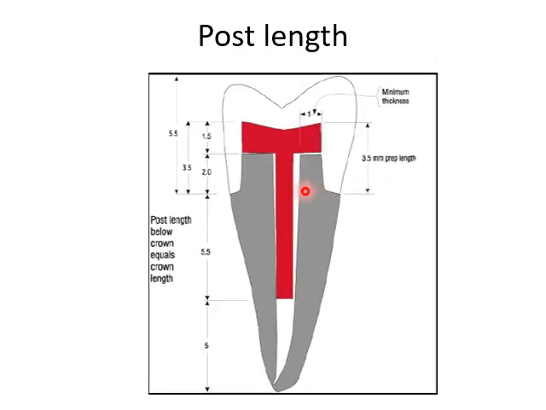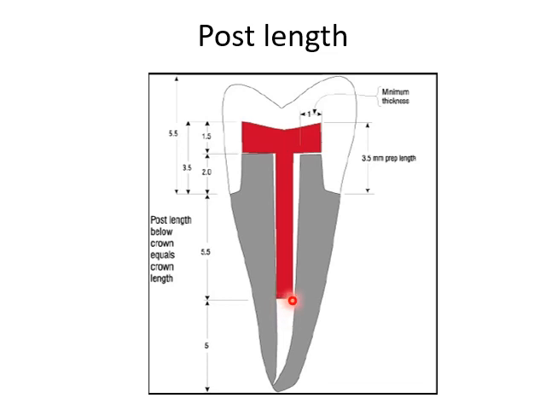This is summary for the required post length. Apical gutta-percha preferably to be 5 mm with perfect apical seal, and undisturbed gutta-percha.